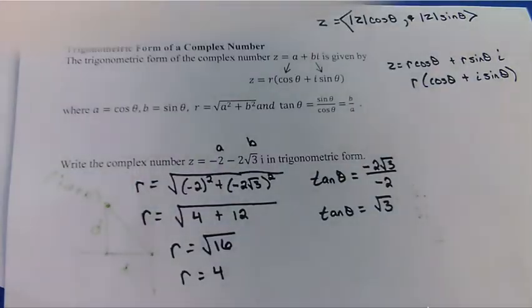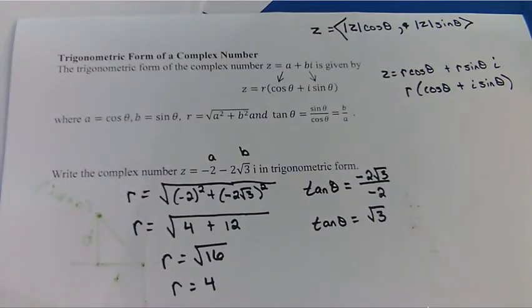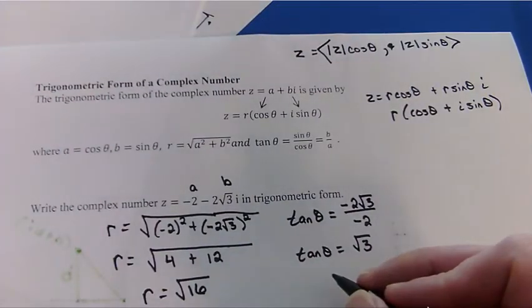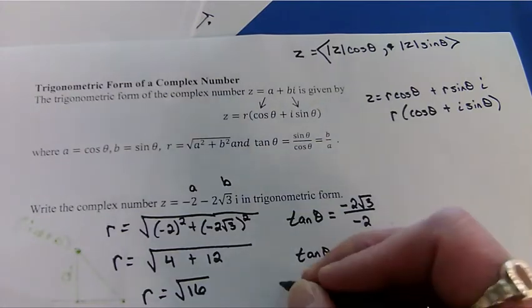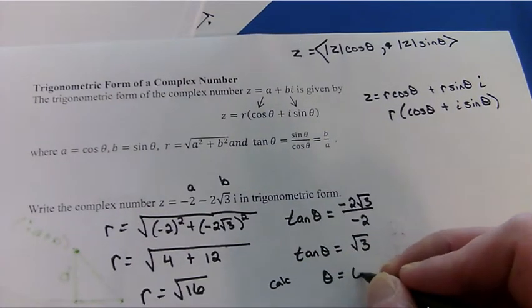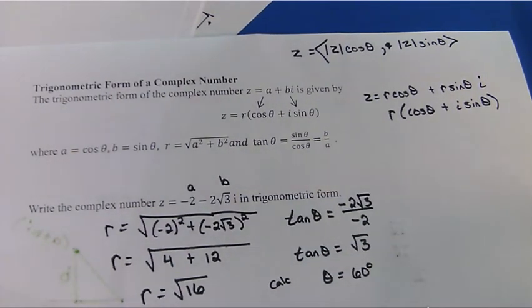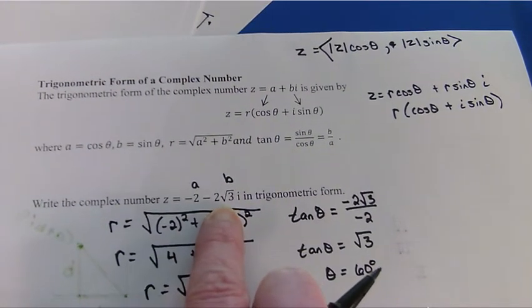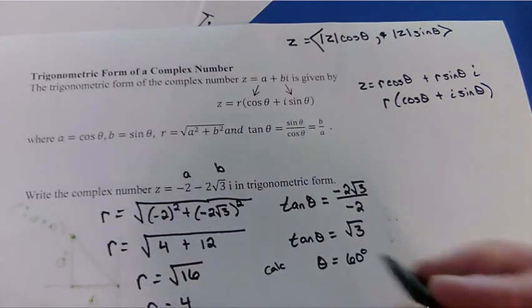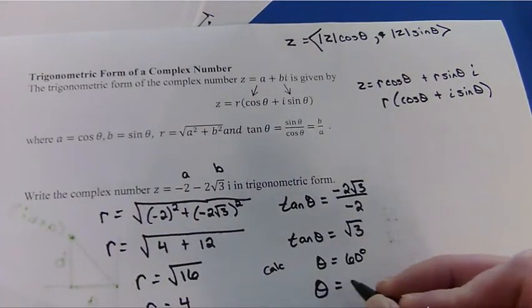It would be that angle, which is 240. Now, if I did it in the calculator, just the square root of 3, it would actually give me 60 degrees, but that's in quadrant 1. This is going to be in quadrant 3, so my angle is actually 240.